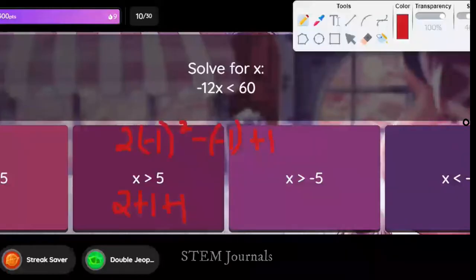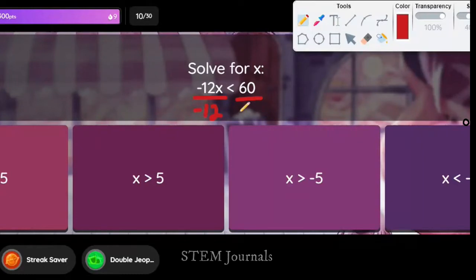So para lang ma-cancel siya. Ayan, dividing both sides by negative 12, kaya magiging x na lang siya. And then divide mo rin ito sa negative 12. But sabi ko nga, may rule tayo sa inequality. Since nag-divide tayo by negative, magpapalit siya. Instead of less than, magiging x is greater than, and then 60 divided by negative 12, that is negative 5. So answer natin is itong pangatlo.